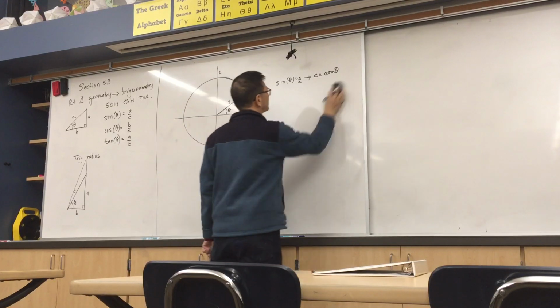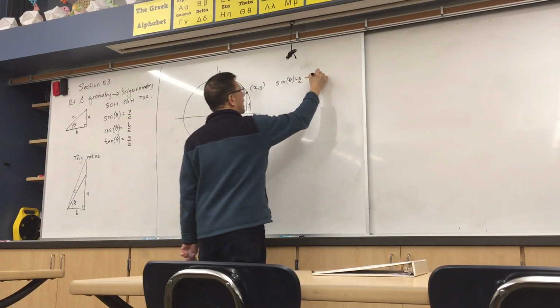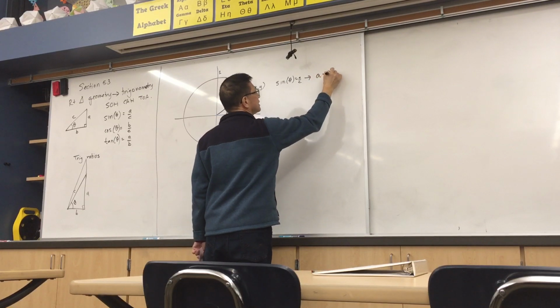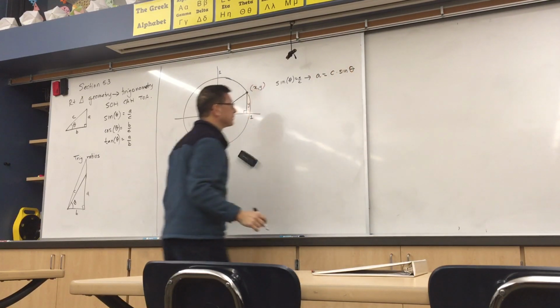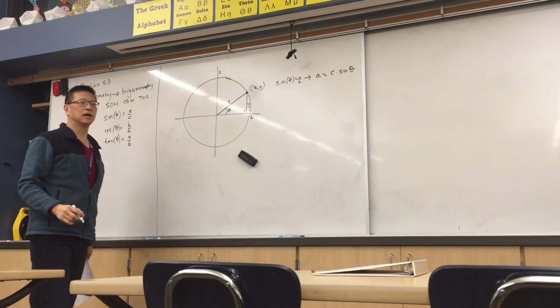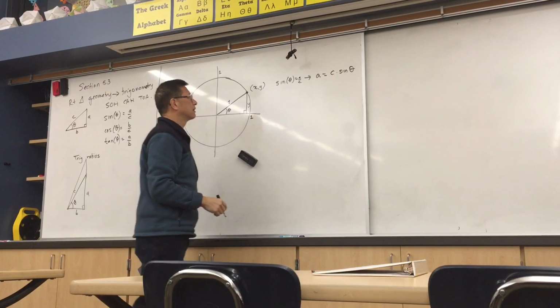Sorry, that is not correct at all. Okay, so a is equal to c times sine theta. Okay, sorry, I need to mark myself down for careless errors.